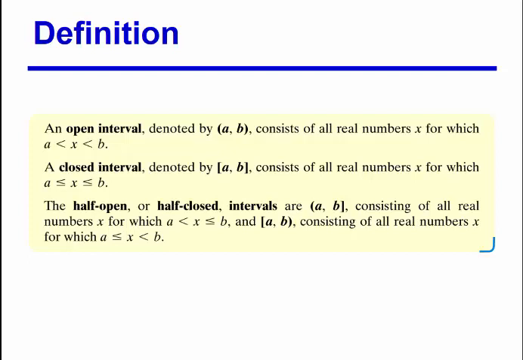Now, half open or half closed intervals are the following: parentheses a, b, bracket, consisting of all numbers x for which a is less than x and x is less than or equal to b, and bracket a, b, close parentheses, consisting of all real numbers x for which a is less than or equal to x and x is less than b. So we have open interval, closed interval, half open or half closed intervals.